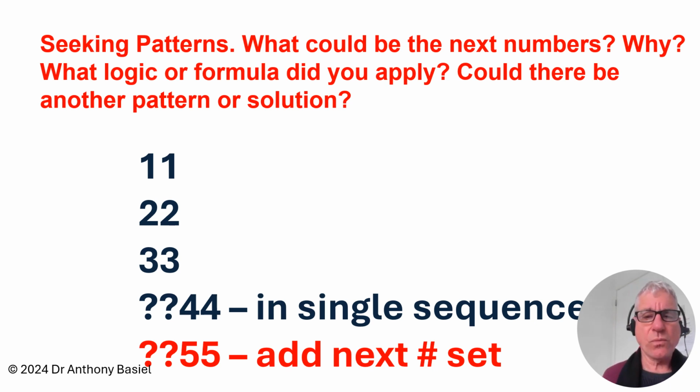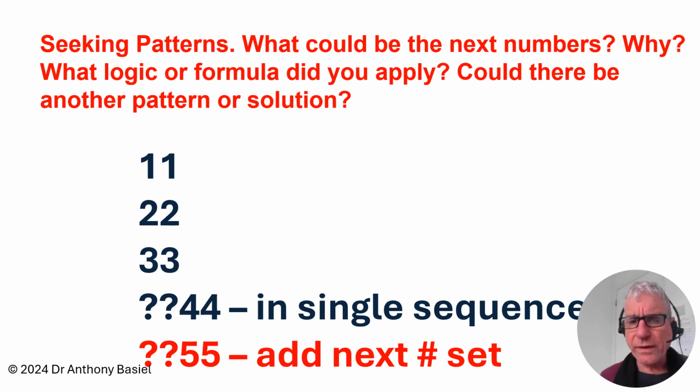If we were to say 11, 22, 33, if we were to say that from 11, we add 11 more, that makes 22, and we add 11 more, that makes 33, then if we add 11 more, it makes 44. So it could be that we're saying our formula is x plus 11, all right?